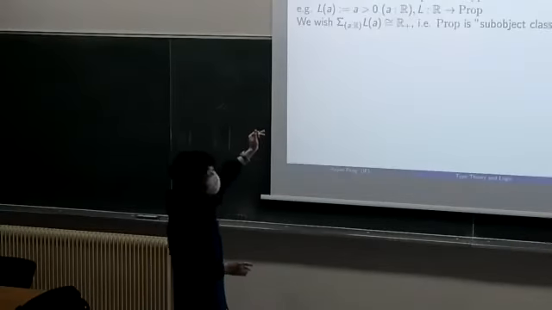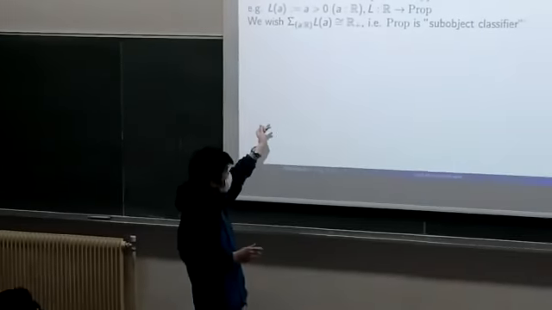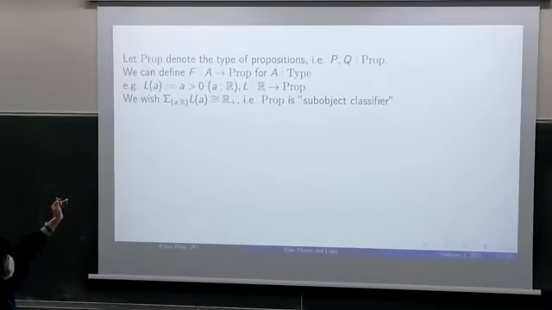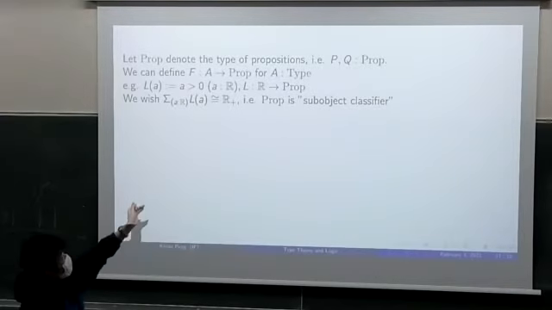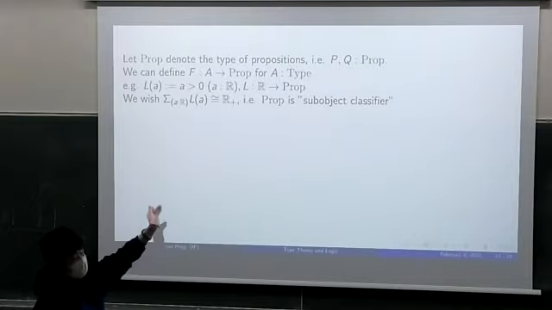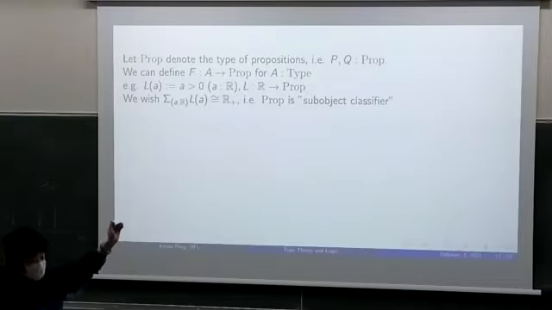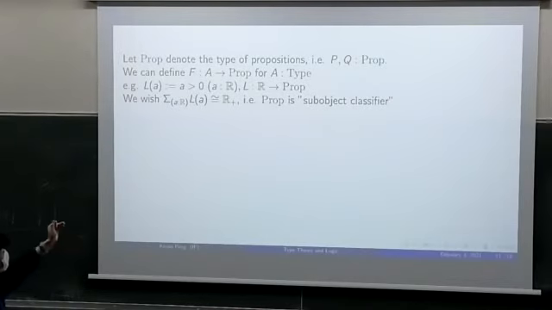So let's see an example, a predicate. If A is the proposition that a is larger than 0, we define A as a function from R to Proof, since "a larger than 0" is a proposition, and as we said, it's a type.